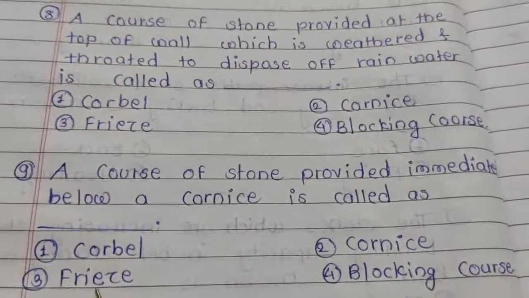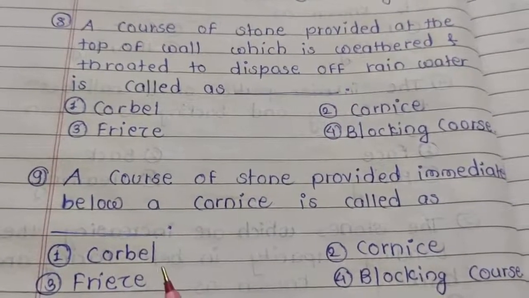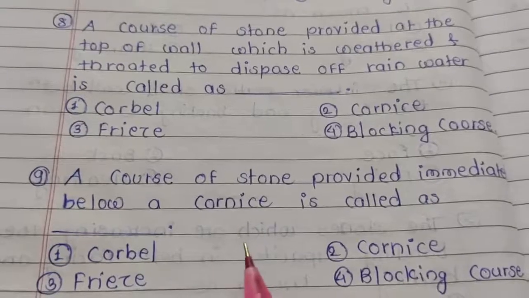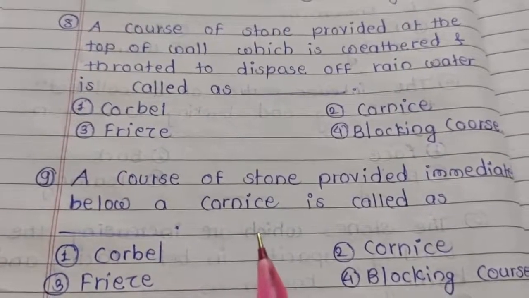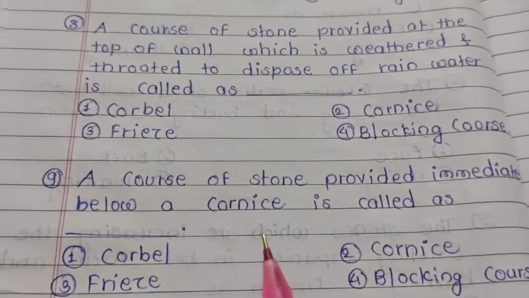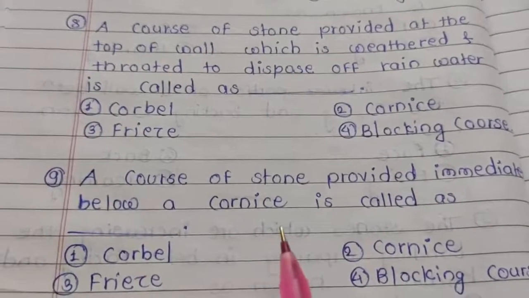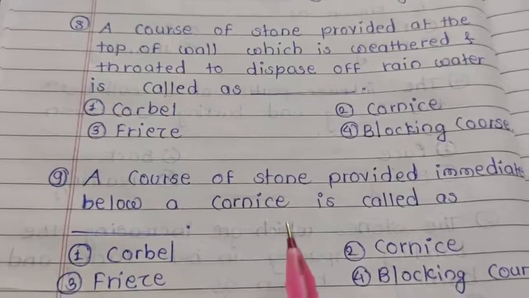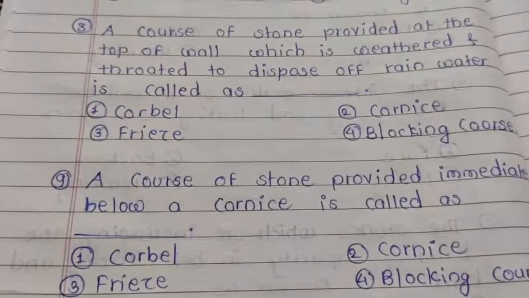The answer is frieze. But what is cornice? A cornice is a course of a stone provided at the top of a wall. It is generally molded and given ornamental treatment. It is weathered and throated to dispose of rainwater.